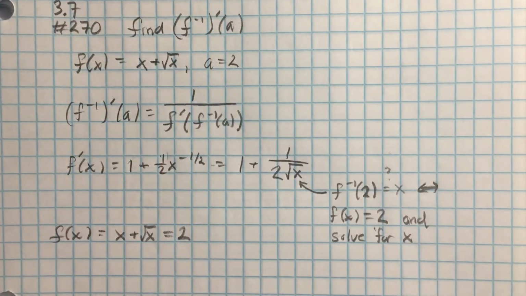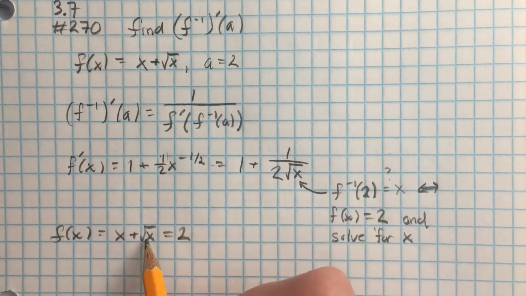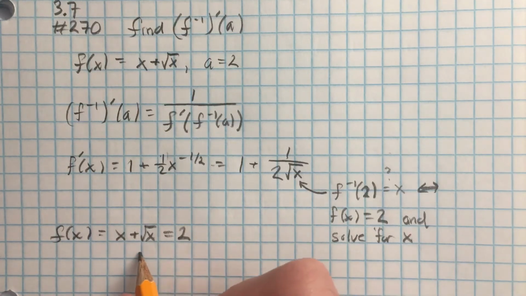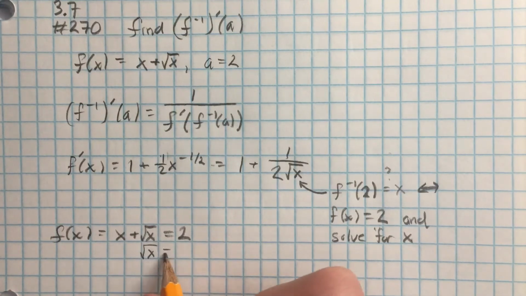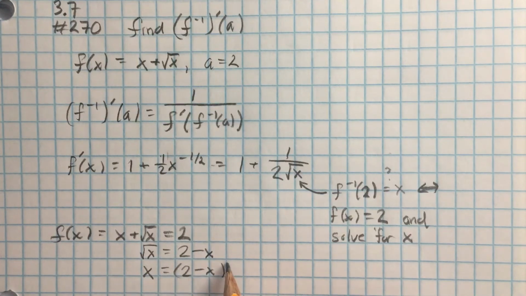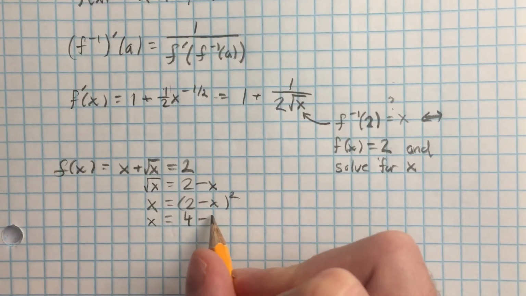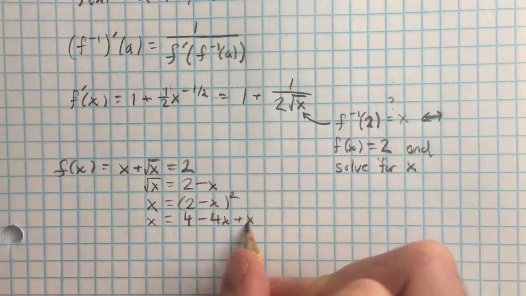There are two ways to solve these types of problems, and it may be problem dependent in the textbook. One is what I'm going to do now, and that is algebraically solve for it. Usually when you have a radical in an equation, you try to isolate it. So I'll subtract x from both sides, and then you square. You get x equals (2 minus x) squared, which is x equals 4 minus 4x plus x squared.